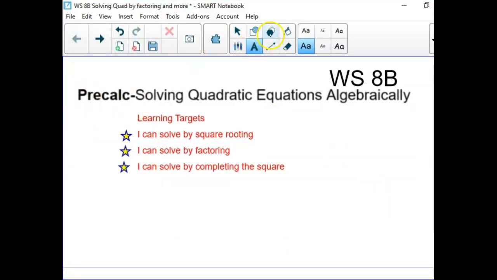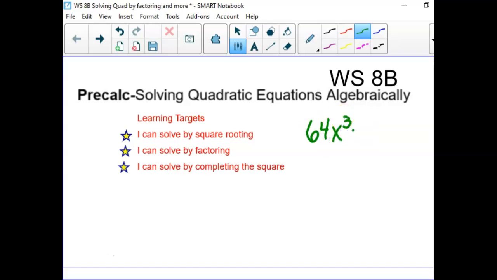Because I promised you we would do a warm-up. I know we need to do several warm-ups. I'm going to do a quick warm-up on factoring a cubic: 64x cubed minus 1. The pattern you would look for is a cubed minus b cubed, and this would be on the quiz or on the board.